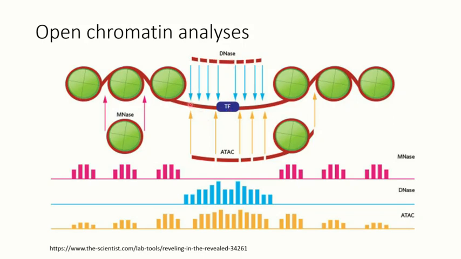If you have an open region, this enzyme will cut it into short fragments, while the closed part will not be cut. After applying this partial digestion, you get quite a lot of fragments. Once you sequence them, you know those blue fragments are located in this region of the genome, so you know this region must be open, because you cut and get a lot of fragments that can be sequenced.